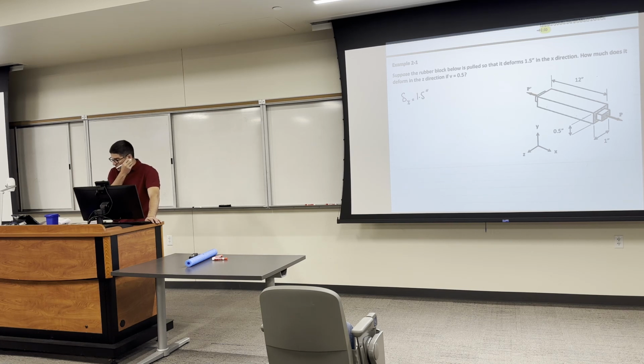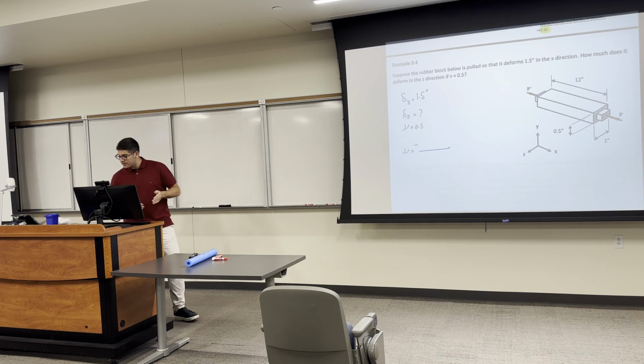So the question asks you, how much does it deform in the z direction? So what is the delta in the z direction if the Poisson's ratio is 0.5. Okay, so you would simply write the formula of Poisson's ratio. Poisson's ratio is equal to negative lateral strain over longitudinal strain. For the lateral strain, I have either the z direction or the y direction.